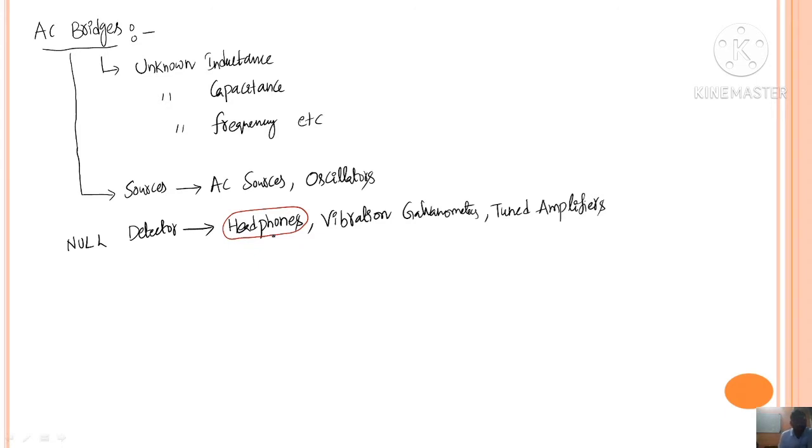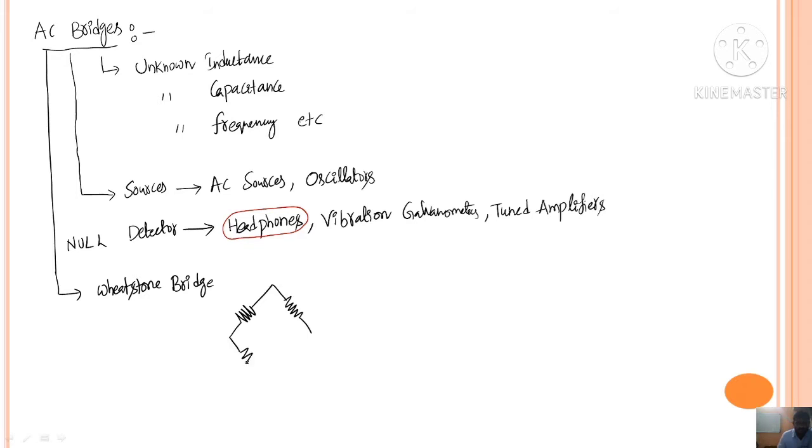In addition to that, the balancing of AC bridges is taken from the concept of the Wheatstone bridge. If you observe the Wheatstone bridge, it has four arms, with a resistance in each and every arm.